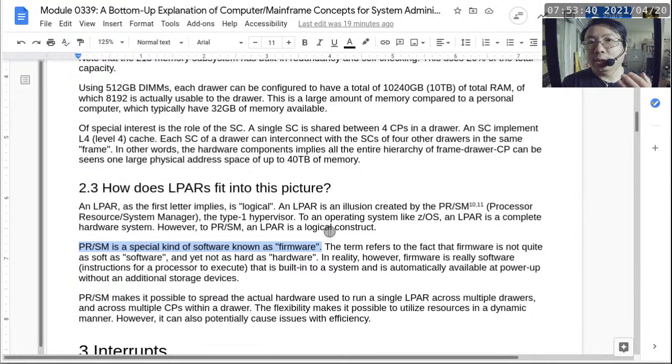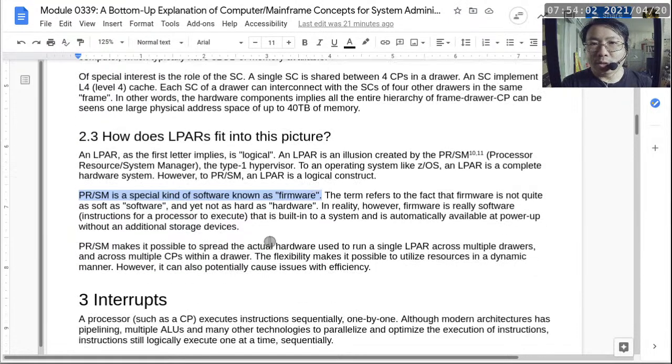But in a personal computer, the firmware does not perform the task of a Type 1 hypervisor. In the case of z architecture, the firmware does. PRSM is a Type 1 hypervisor and it is loaded as firmware in the system. So that makes it kind of interesting.